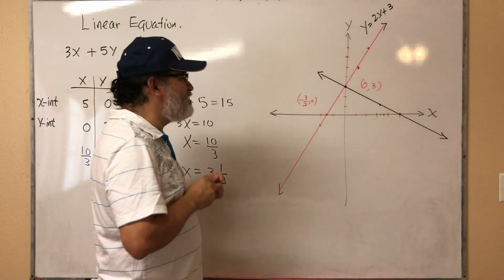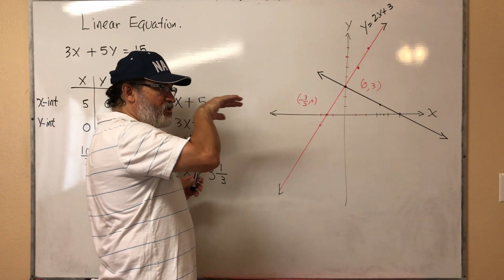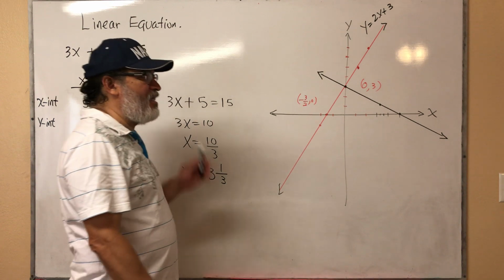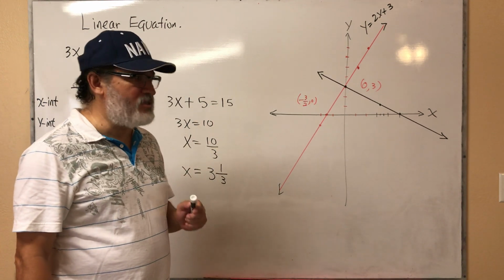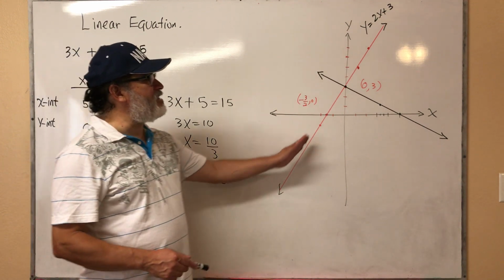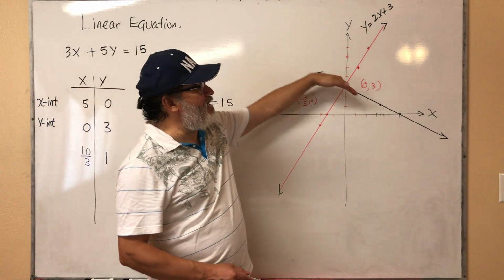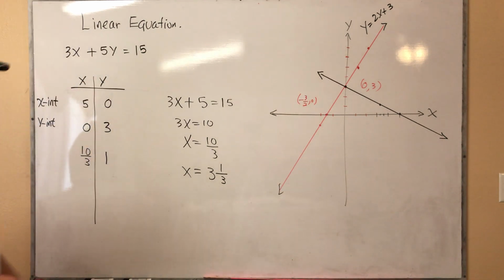If I look towards the positive infinity and I look at this line, I say that line is decreasing. So the red line is increasing and the dark line is decreasing.